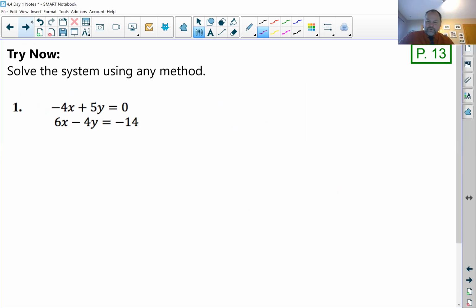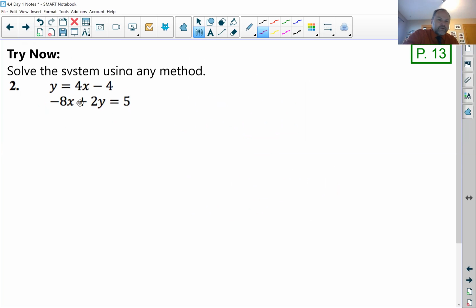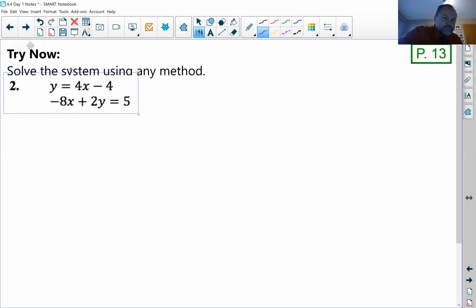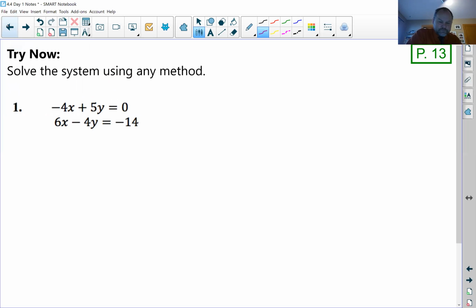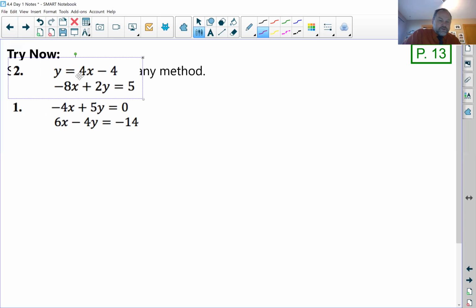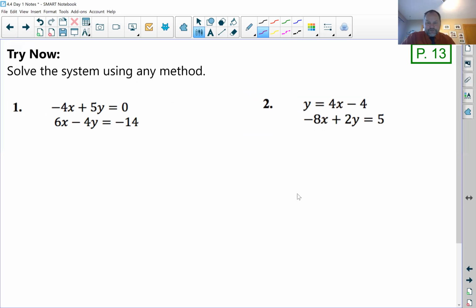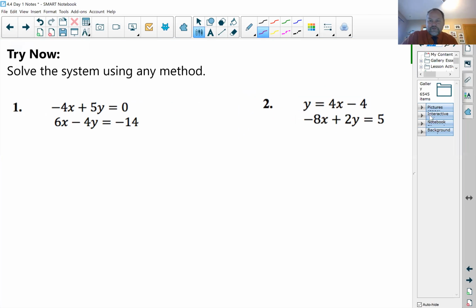What I'm going to do, there are 2 questions for you to try. I am going to actually copy the second one back to the previous page, so that they can both be on the same page. So what I want you to do is decide what method you want to use to solve them, and then go ahead and solve them.